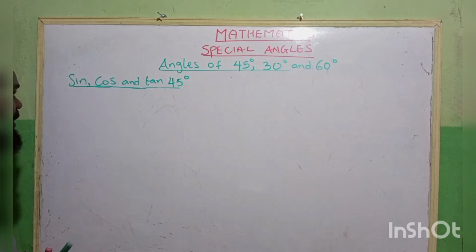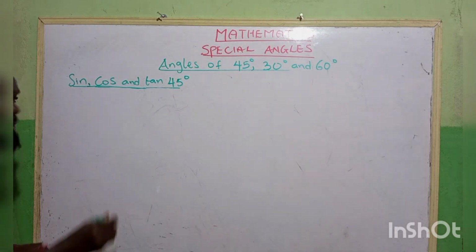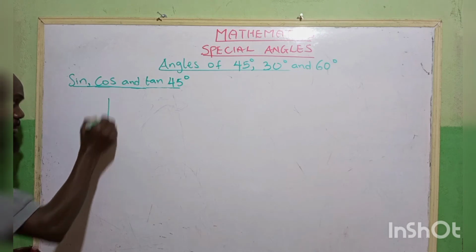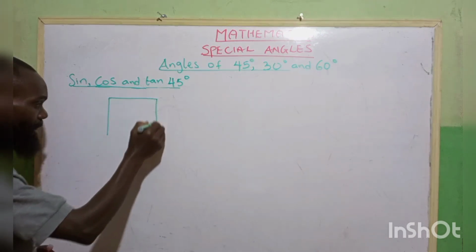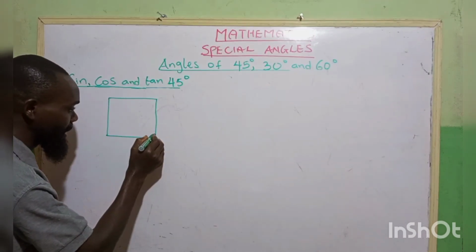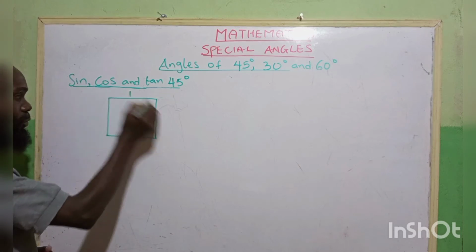The next one is the derivation of sine 45, cos 45, and tan 45 degree. This can be derived from a square. Don't forget a square has all the sides equal. That's a unit of 1.